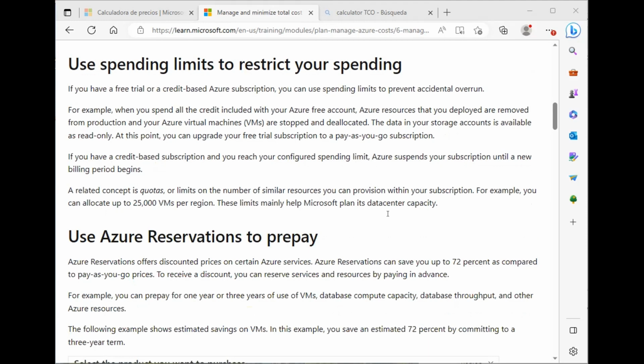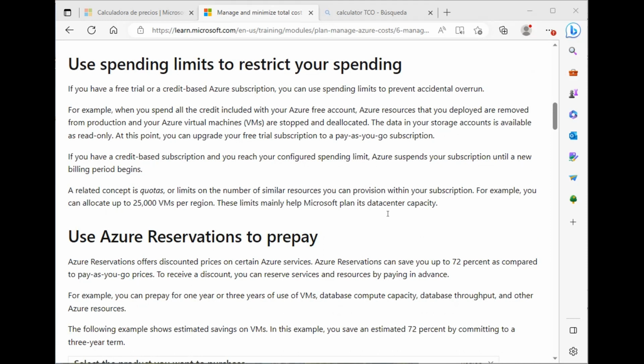Use Azure Reservations to prepay. Azure Reservations offer discounted prices on certain Azure services. Azure Reservations can save you up to 72% compared to pay-as-you-go prices. To receive a discount, you can reserve services and resources by paying in advance.